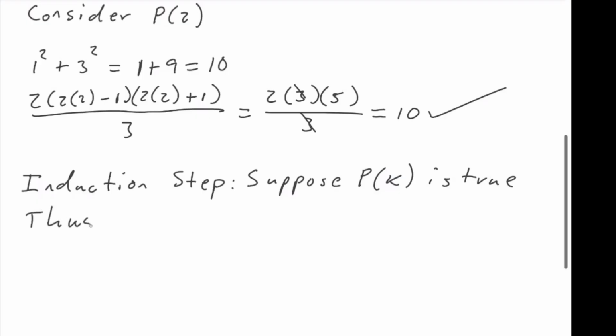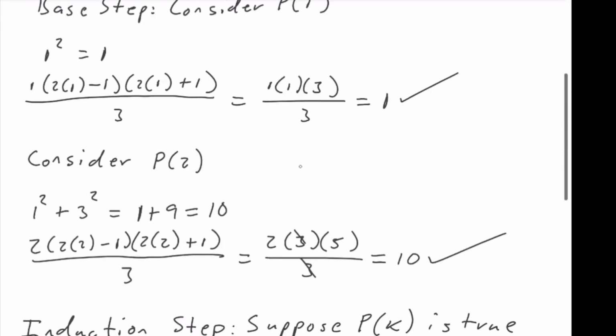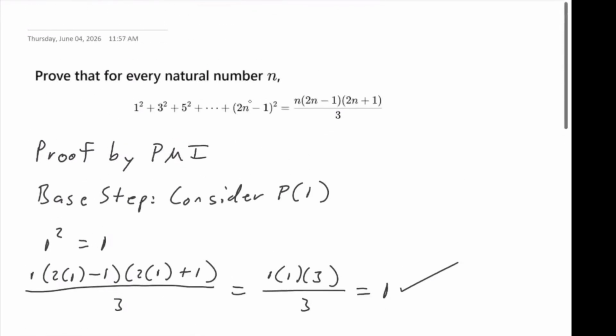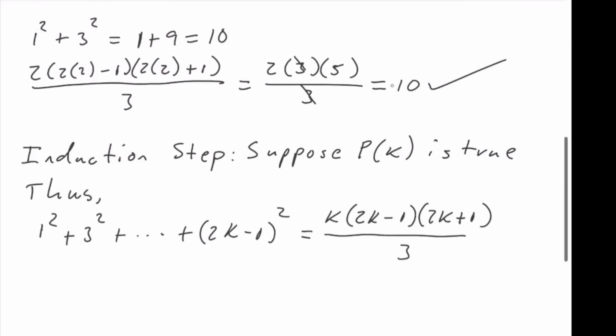Thus, we have 1 squared plus 3 squared plus dot dot dot plus 2k minus 1 squared is equal to k times 2k minus 1 times 2k plus 1 over 3. So we're going to assume that's true for some k, right?